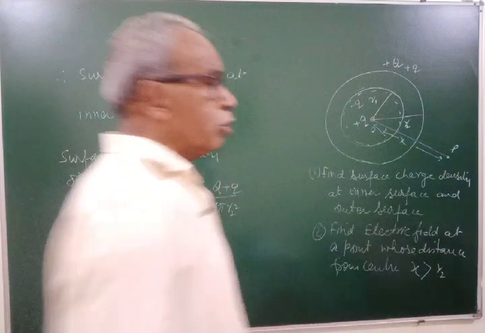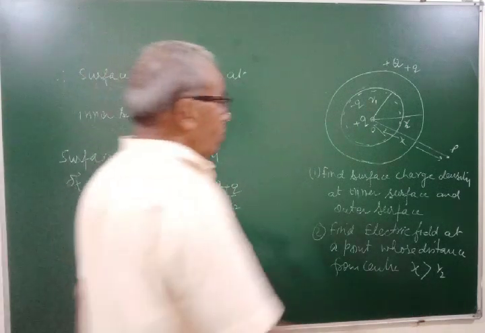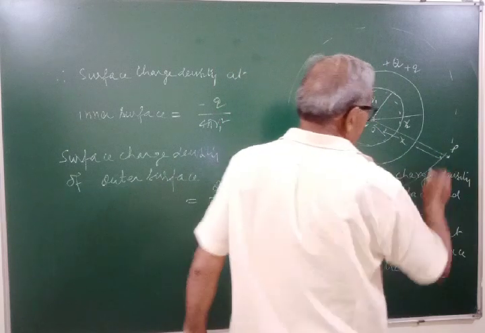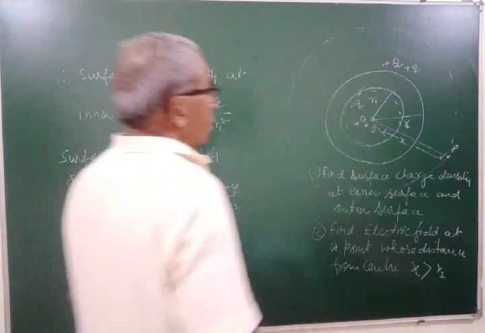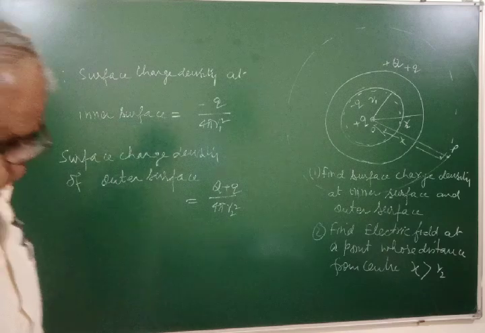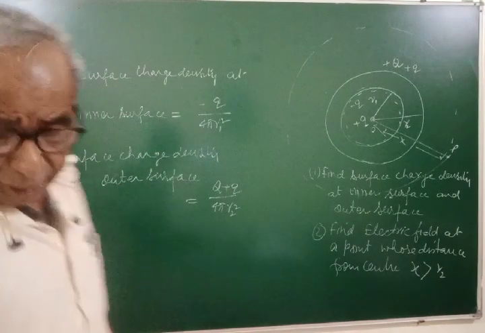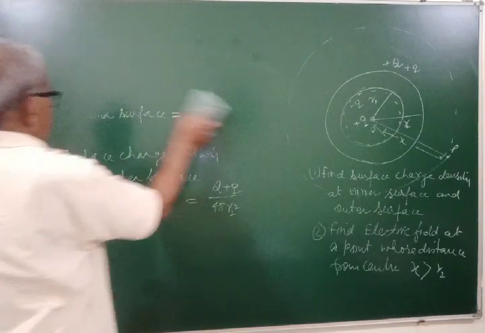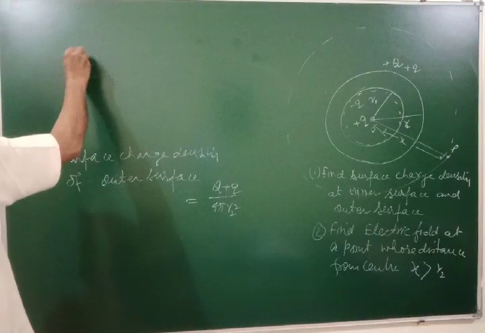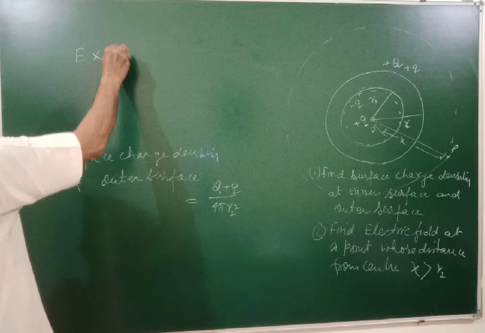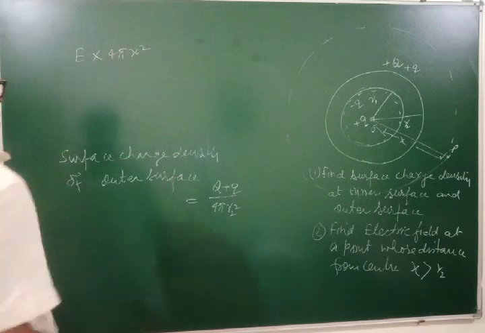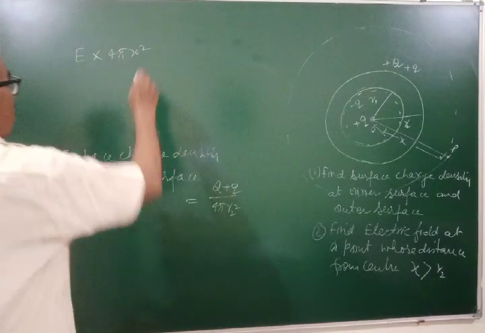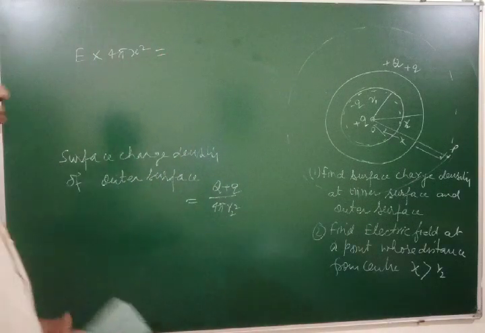So according to Gauss theorem, if we imagine a Gaussian surface here, then people may get confused. From Gauss theorem you can write E into 4 pi x square, that is integration E dot ds, equals the total charge inside.